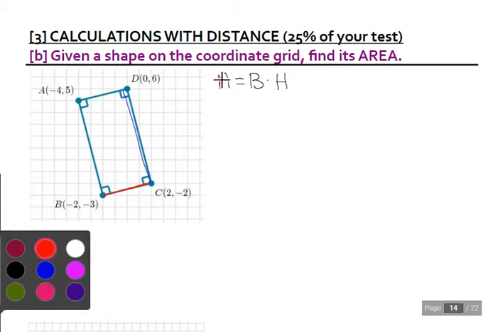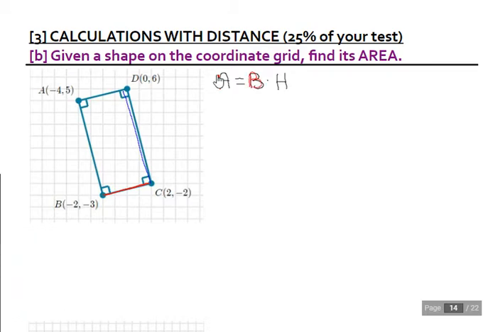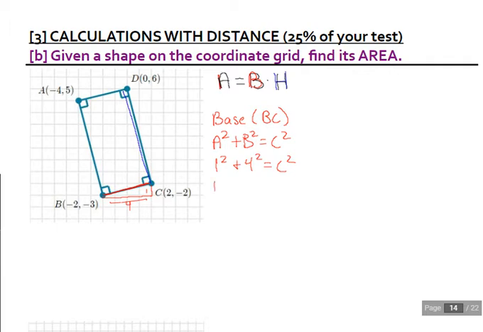And so let's declare this to be our red value and this to be our blue one, just for organizational purposes. But in terms of finding distance, the rules don't change here, so I can use whatever technique I want. So I'm going to use the Pythagorean theorem, okay, so to find the base, which is BC, I'll take a squared plus b squared is equal to c squared. So I have 1 squared plus 4 squared. Okay, so that's 1 plus 16.